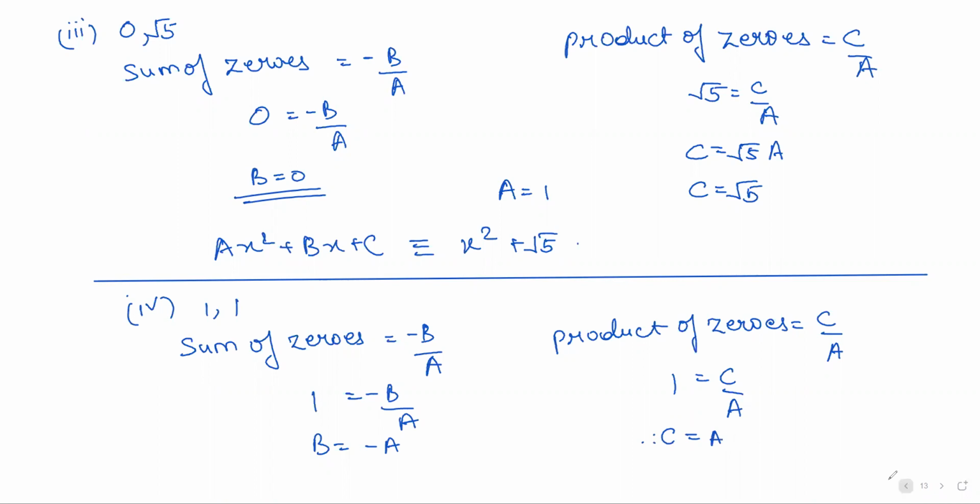So whatever value of a you place, for a is equals to 1, b will be the negative of it, minus 1, and c will be the same as a, which is equals to 1. Ax square plus bx plus c, the required expression will therefore become x square plus, minus, b's value is minus, so minus x plus 1.